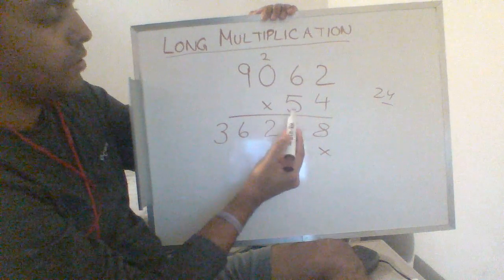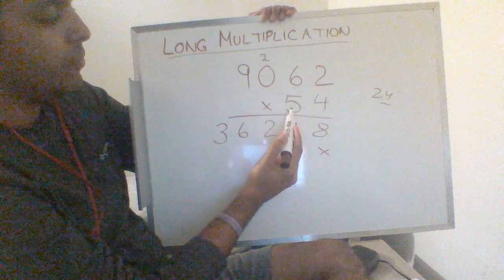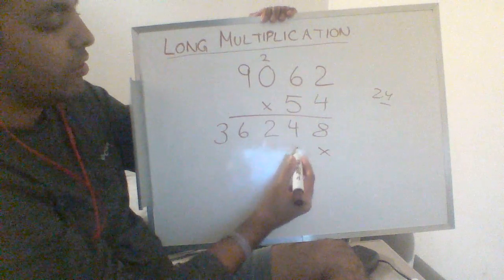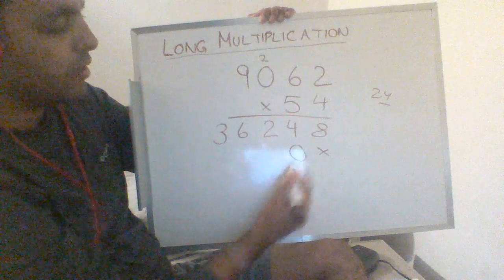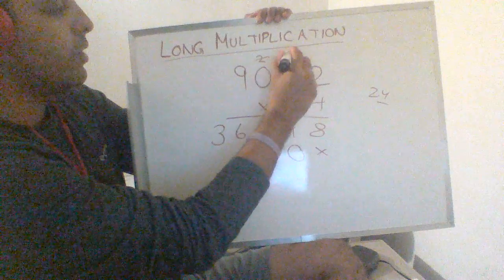So here now we do the same thing that we did with the 4, but we're going to do it with the 5. So we start with 5 times 2. 5 times 2 is 10. We're going to carry the 1. Oh, we don't need this 2 from earlier, so I'm going to get rid of that.